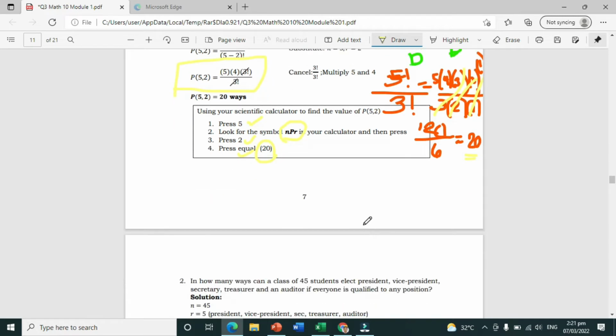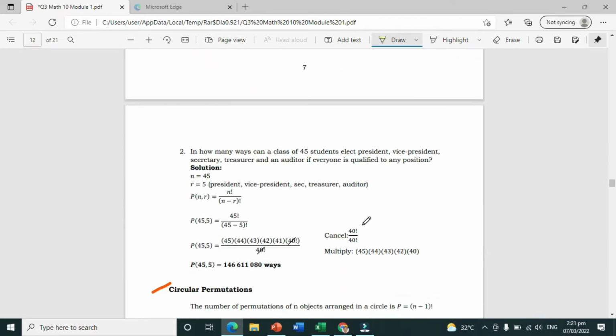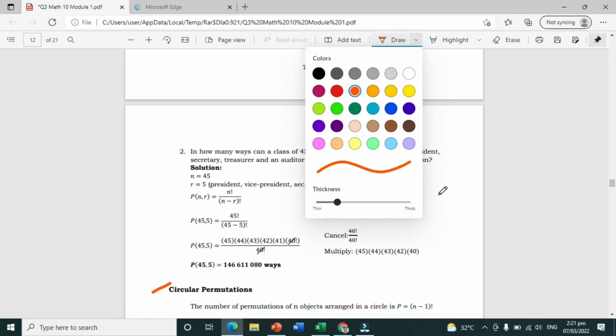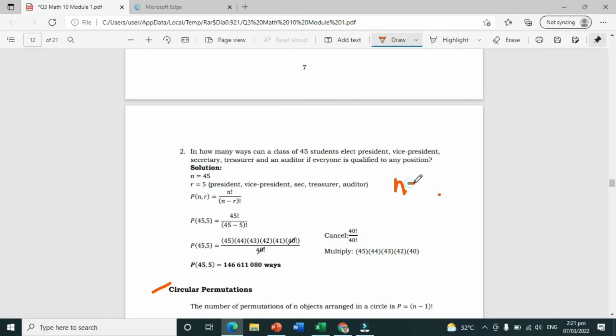Okay? Number 2. In how many ways can a class of 45 students elect president, vice president, secretary, treasurer, and an auditor if everyone is qualified to any position? So dito, ang value ng n natin ay, ilan lahat yung students? 45, correct.